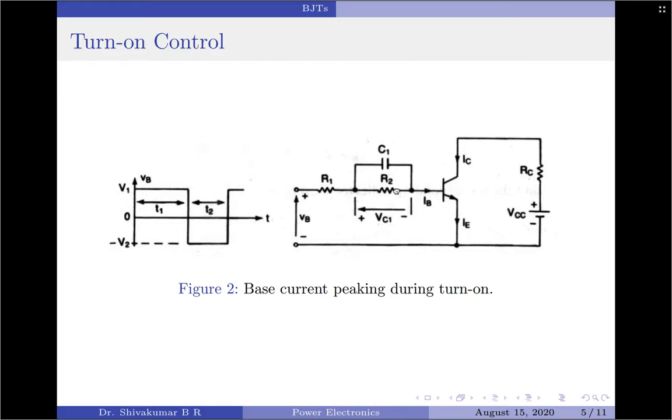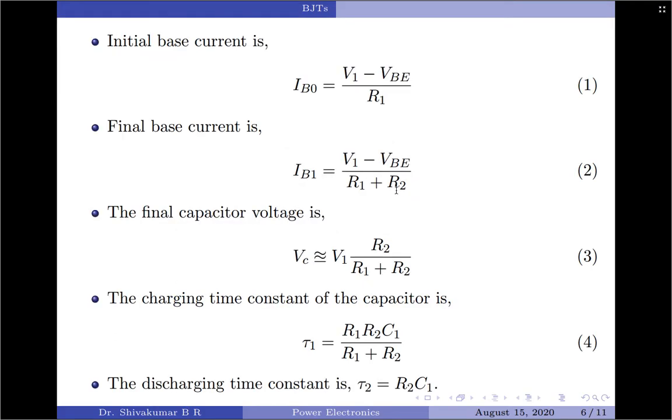That is why the discharging time constant is R2 into C. Now to allow sufficient charging and discharging times, the width of the base pulse T1 must be greater than or equal to 5 times the value of tau 1, and a similar approximation is also applicable for T2, which is again greater than or equal to 5 times the value of tau 2.